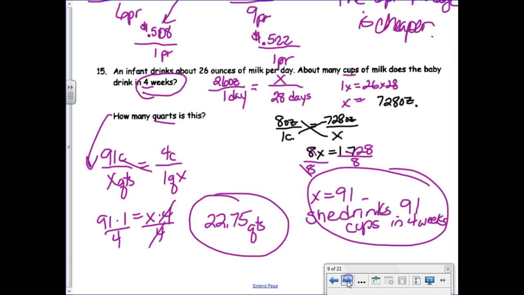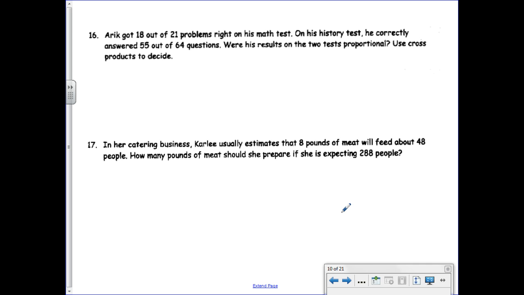Okay? All right, number 16. It says you're comparing Eric's math test and his history test. So what might be helpful is saying here's math, where he got 18 out of 21. On the history test, he got 55 out of 64. Are these proportional? And it says please use cross products to determine this. So I want you to test it this way.